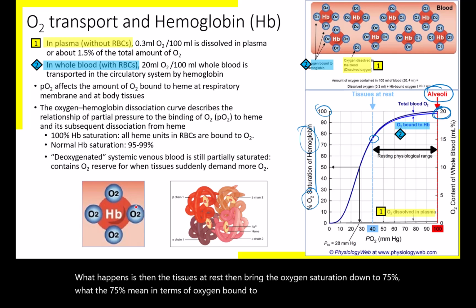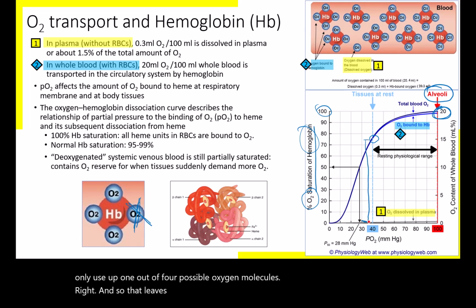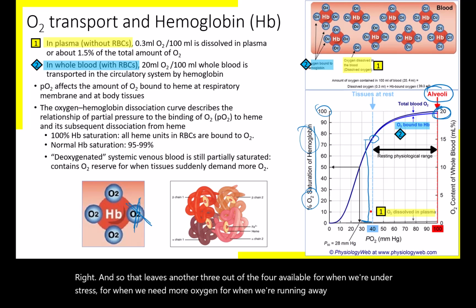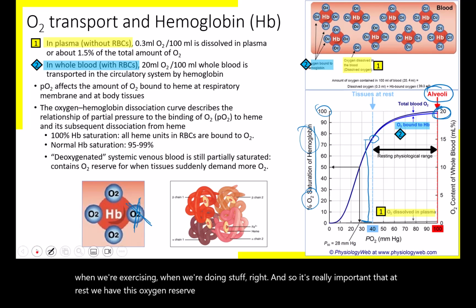It means that at rest, we only use up 1 out of 4 possible oxygen molecules, right? And that leaves another 3 out of the 4 available for when we're under stress, when we need more oxygen, when we're running away from the bear, when we're exercising. And so it's really important that at rest, we have this oxygen reserve for when we need more oxygen.